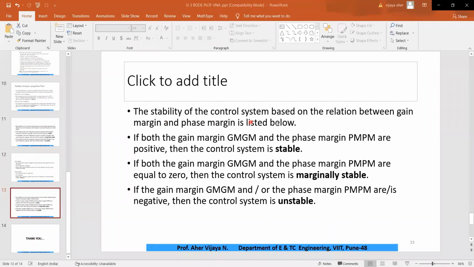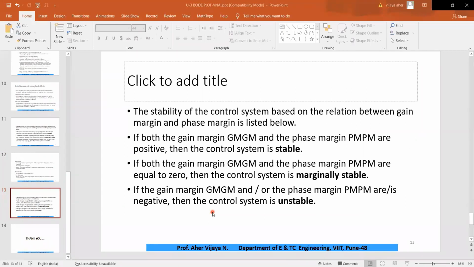The stability of the control system based on the relation between gain margin and phase margin, those conditions are listed over here. Again there are 3 conditions, similar to your last slide, related to gain margin and phase margin.